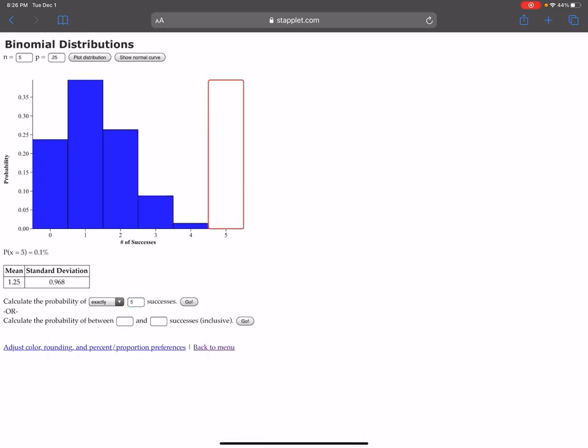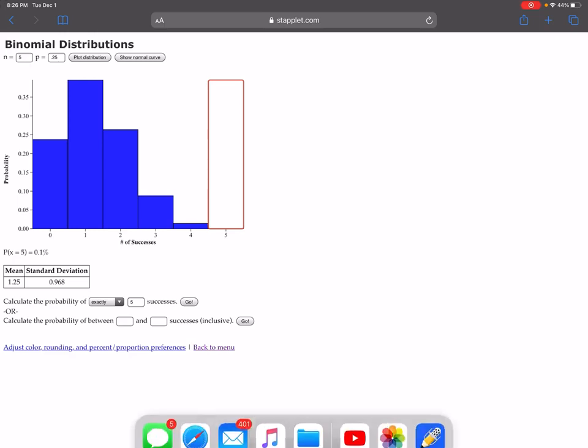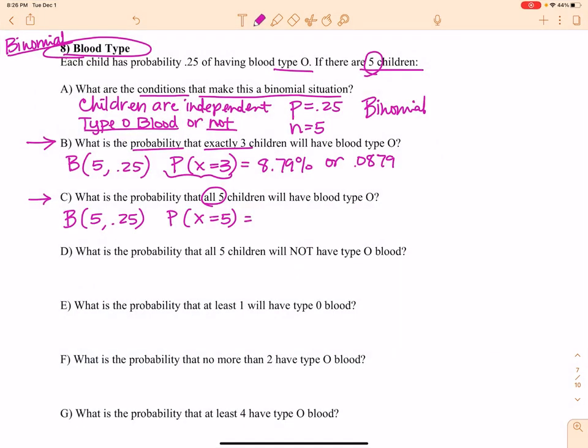Push go. Right above the mean and standard deviation, the probability x equals 5 is 0.1. So that is going to be what I put down here, 0.1% or 0.001.